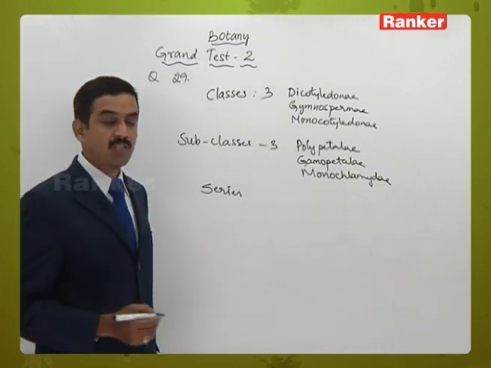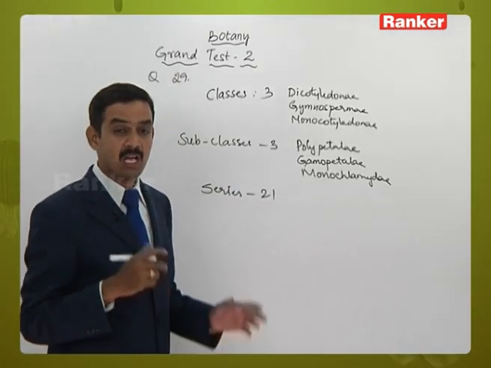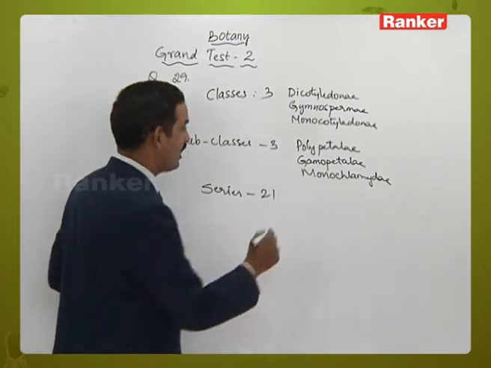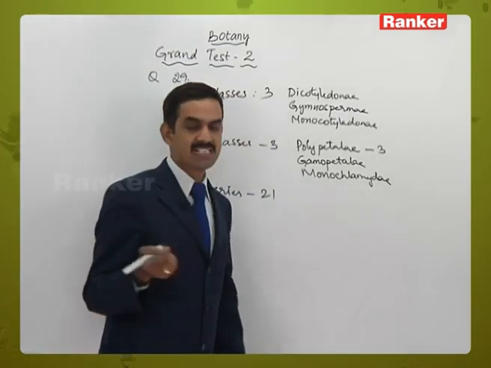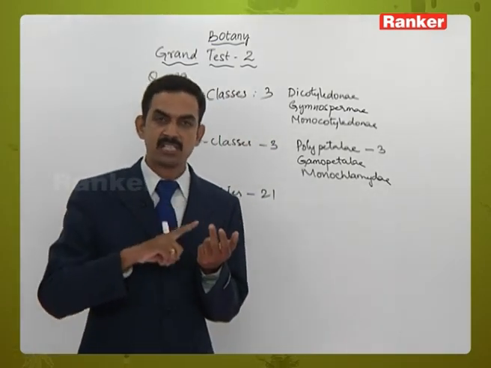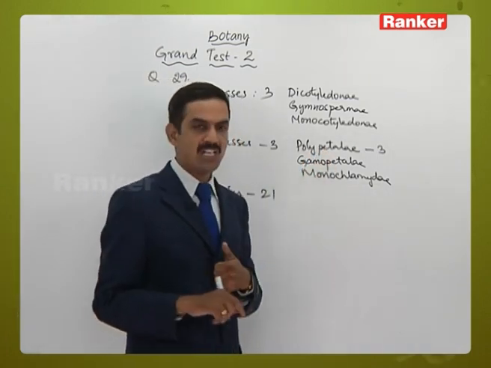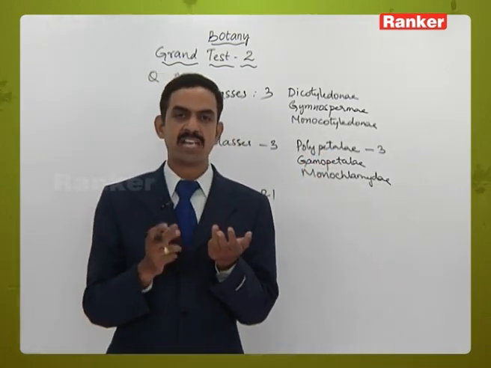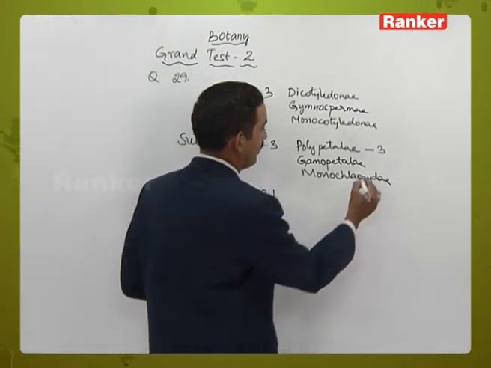There are 21 series in total in the Bentham and Hooker system of classification. How do we get 21 here? Under Polypetalae, 3 series are present: Thalamiflorae, Disciflorae and Calyciflorae. Under Gamopetalae also 3 are present: Inferae, Bicarpellatae and Heteromerae.